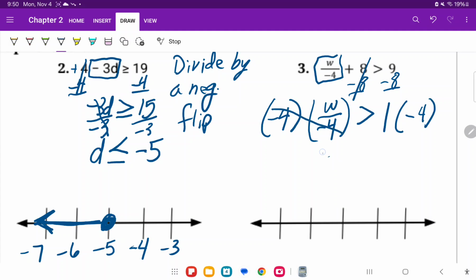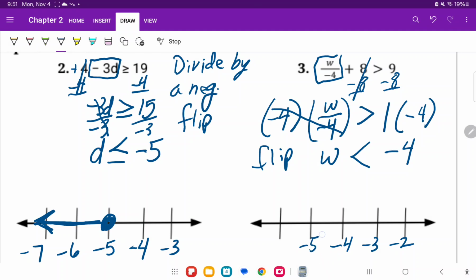On the left here it cancels. Now, since we're multiplying by a negative, our inequality flips, and 1 times negative 4 is negative 4. So don't forget the flip, because we're multiplying by a negative. So we'll label our number line like this. Open circle at negative 4 because there's no equal to, and then our line goes to the left.